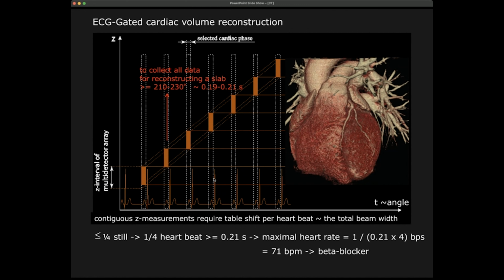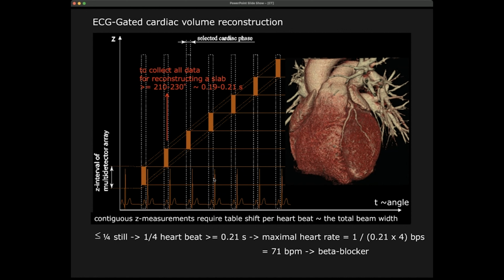That means that in reality, real-time scanning with a CT scanner, so making sure that you have a full 3D image or even on the edge a 2D image of the heart within the same cardiac cycle, is very difficult. So mostly what we do is we acquire the data over several cardiac cycles and then reconstruct a representative cardiac cycle.